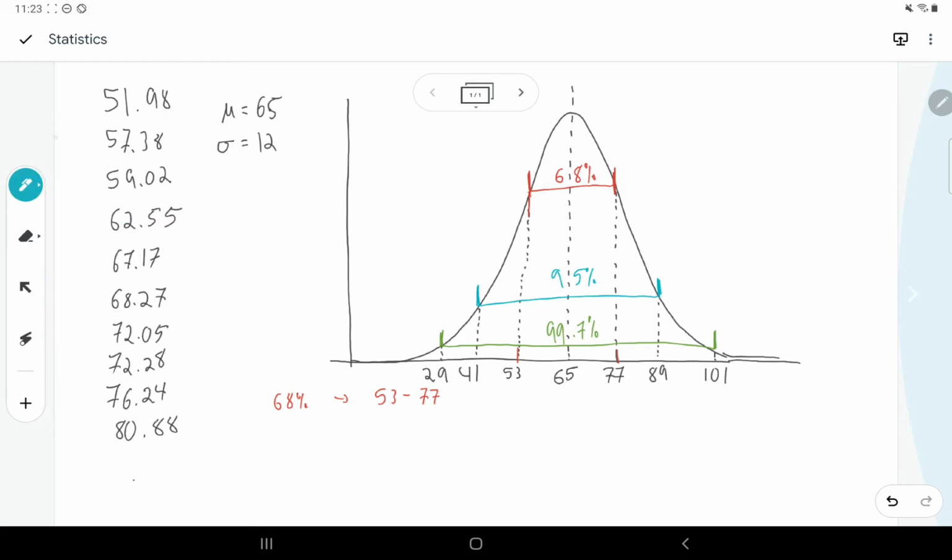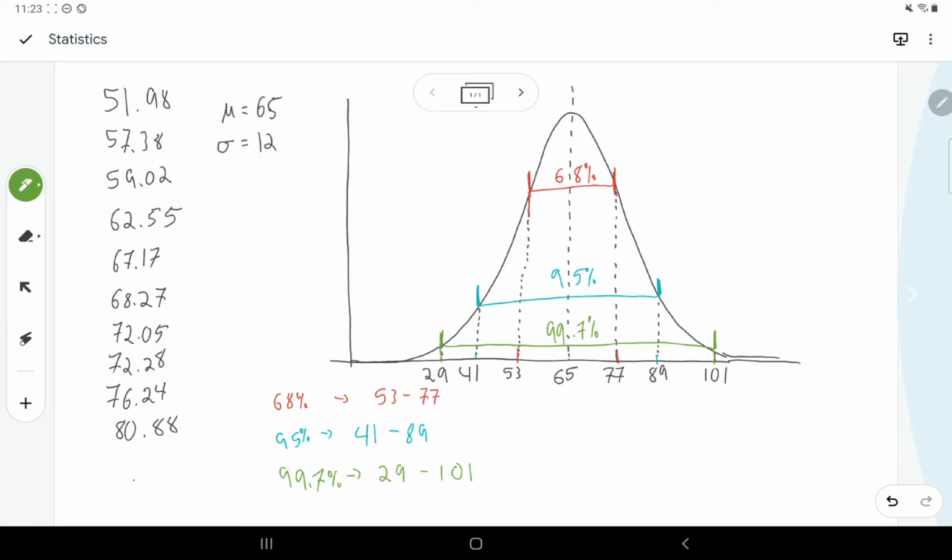Then our 95% bin runs from 41 to 89. Okay, and our last bin, our 99.7% bin, runs from 29 to 101.